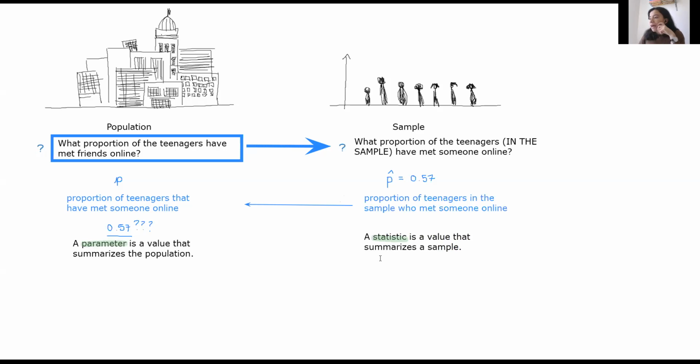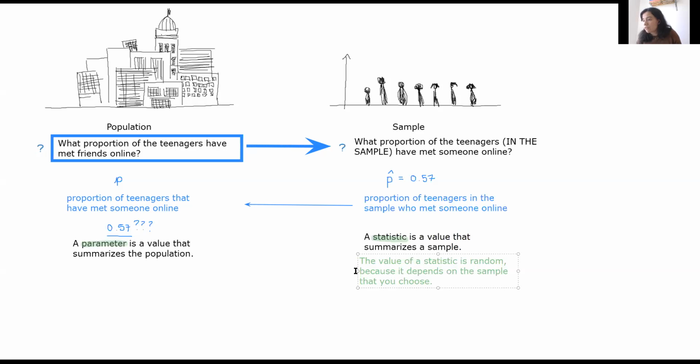Okay, good. Now, the thing about a statistic is that a statistic depends on the sample. And because a statistic depends on the sample, that means that it is actually random. So the value of a statistic is random because it depends on the sample that you choose.